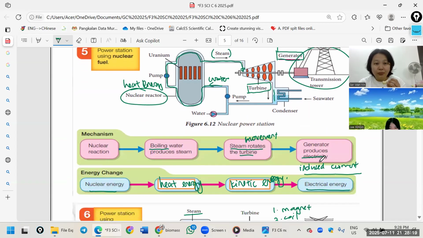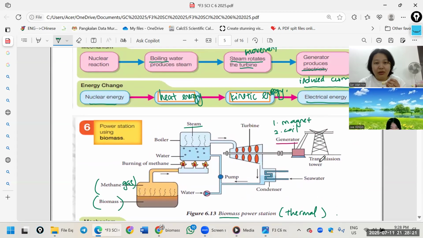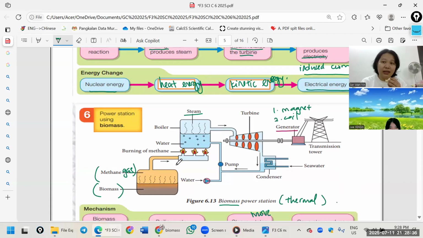Good. Right, biomass, Jarvini. Good, okay, that's it.